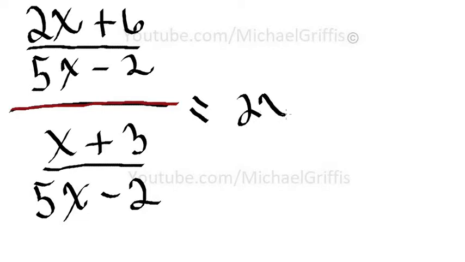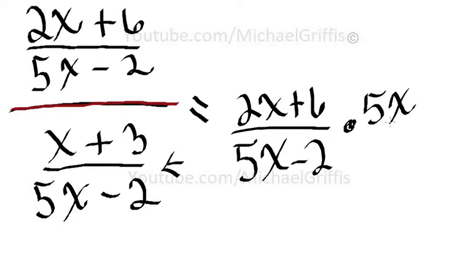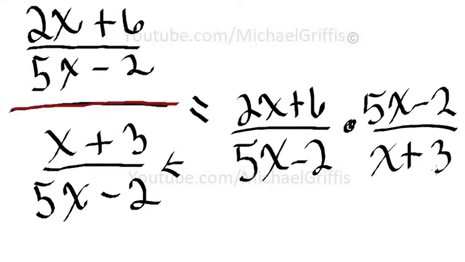So 2x plus 6 over 5x minus 2 times, okay, we bring this to the side and flip it, so this becomes 5x minus 2 over x plus 3. All right.